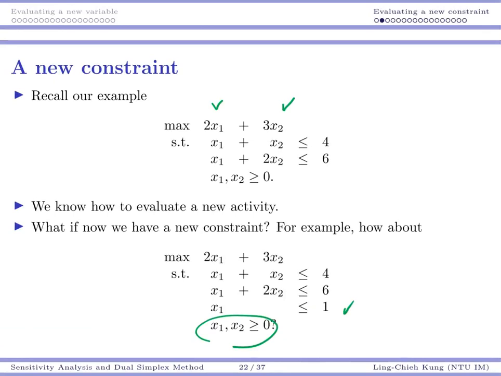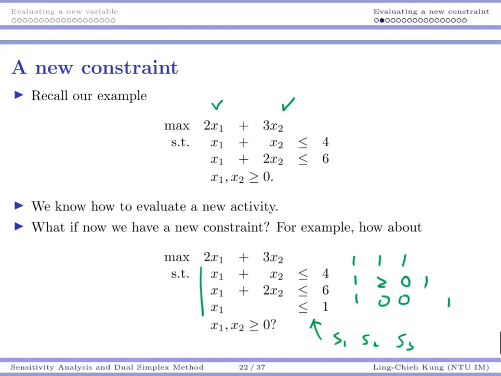To take a look at A_B, we need to go back to our new program. Our new program is here. We can see that we have three constraints, and we're going to add S1, S2, and S3 to expand this particular program into a standard form. And if we do that, our matrix A may be constructed in this way.